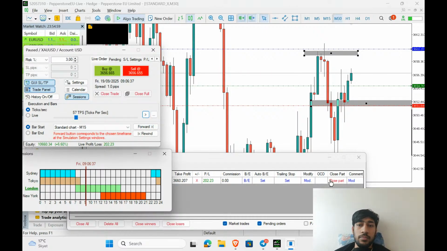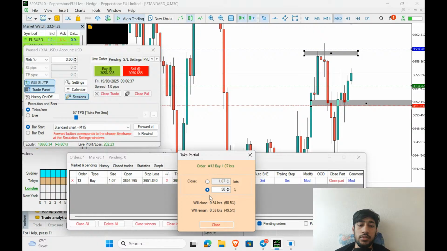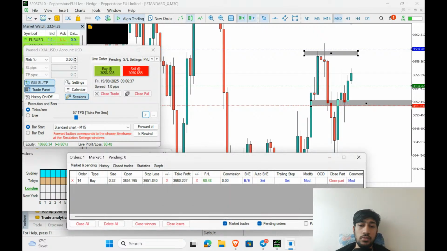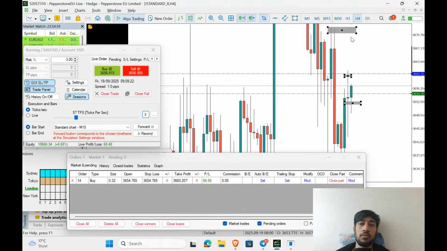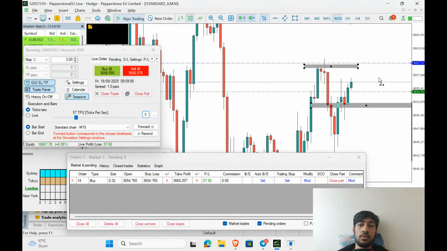I'm gonna close partials, 50%, 70% close, and I will let it go to break even and just let it run till like the 4 hour wick fill, or anyway.